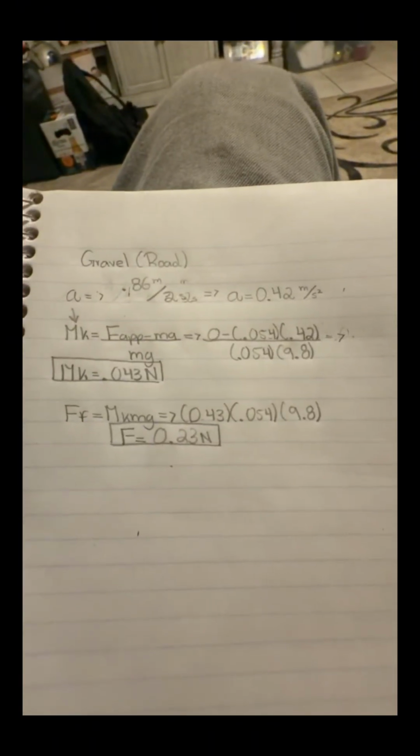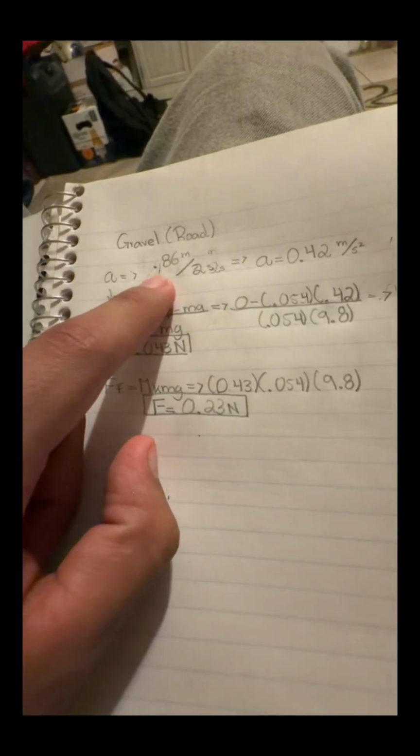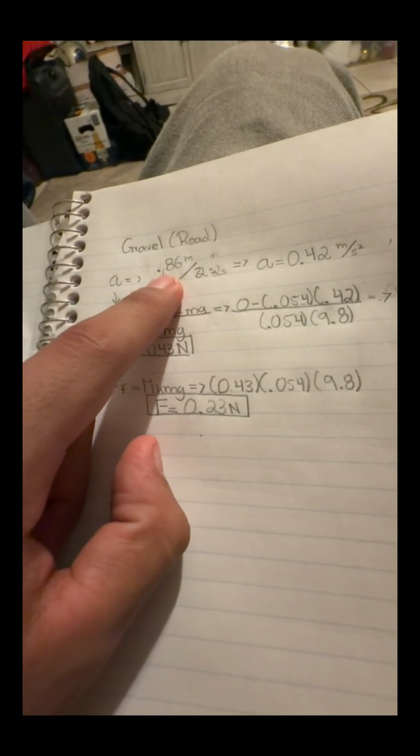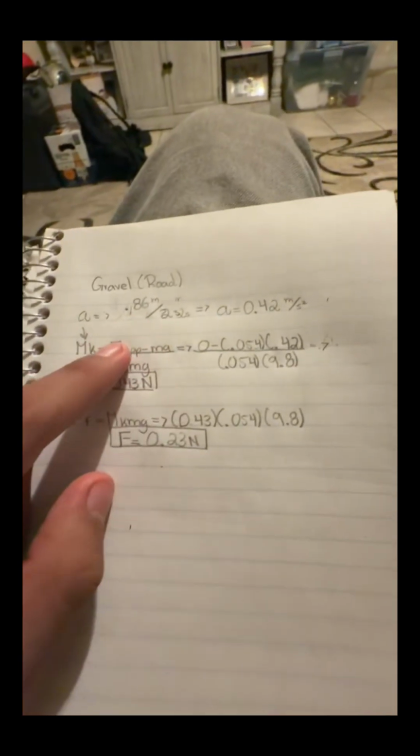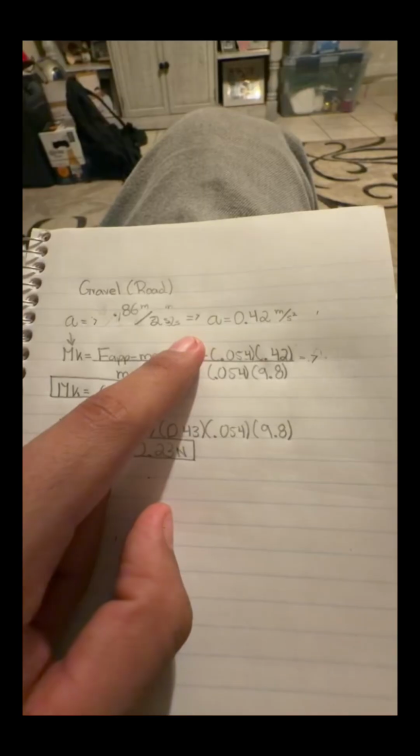And moving on to the third one, which was the gravel on the road. This time to find acceleration, the same thing, just that it traveled a total of 0.86 meters in a total of 2 seconds, and we divided, and it gives us 0.42 meters per second squared.